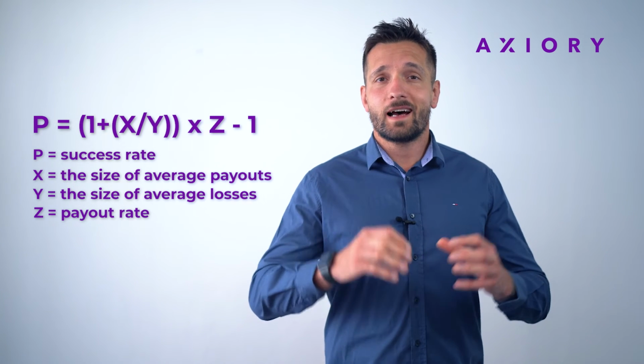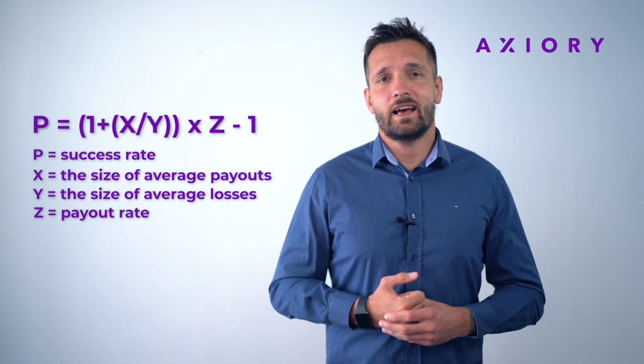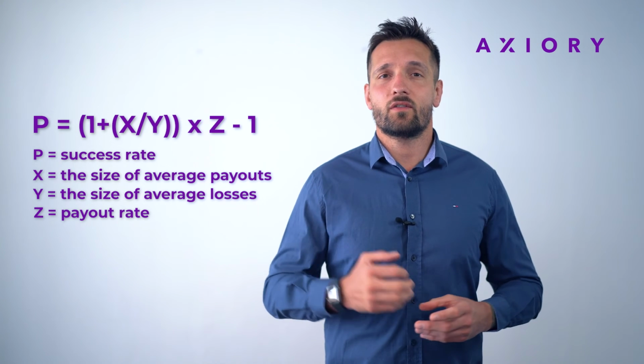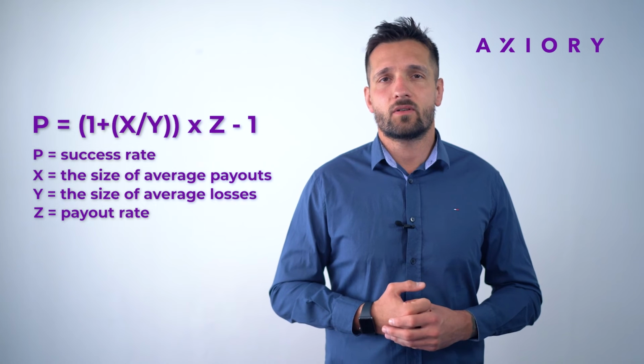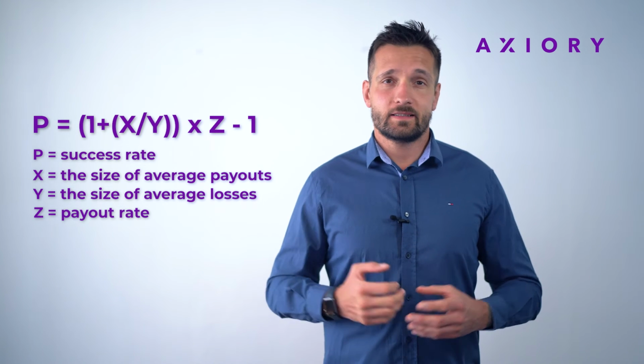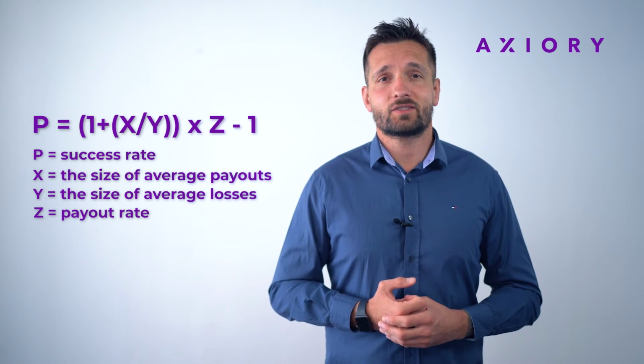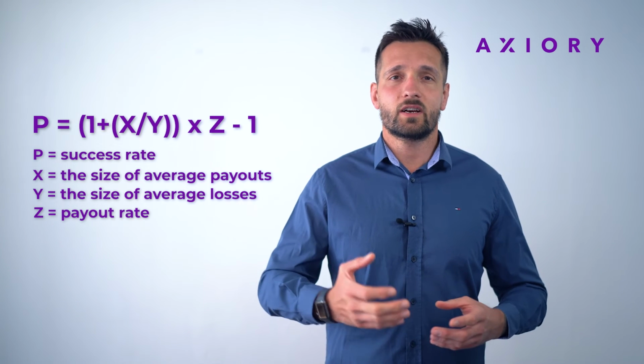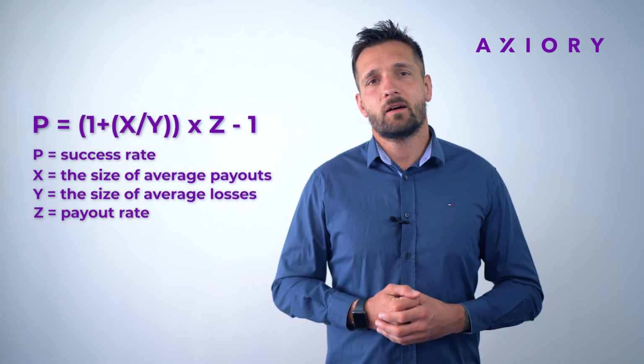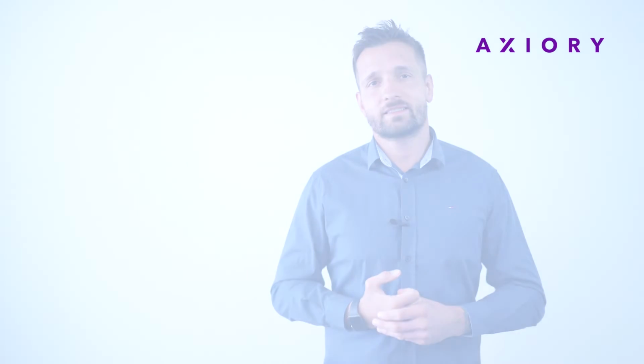You put all that into this fancy equation and you get the success rate of 20% or 0.2. This is quite good success rate. With this, in the long term, you are going to make money, so congratulations.